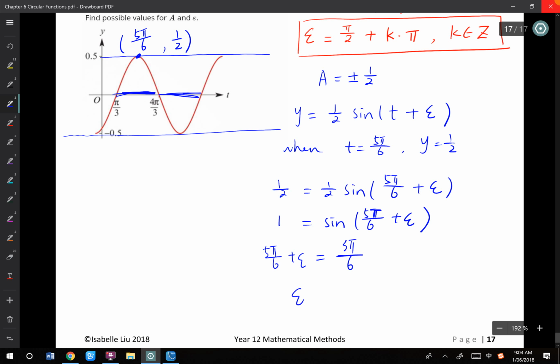So that is minus 2 pi on 6. That's minus pi on 3. So the equation I can write is this.